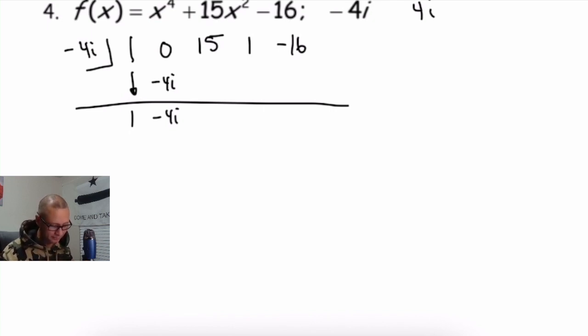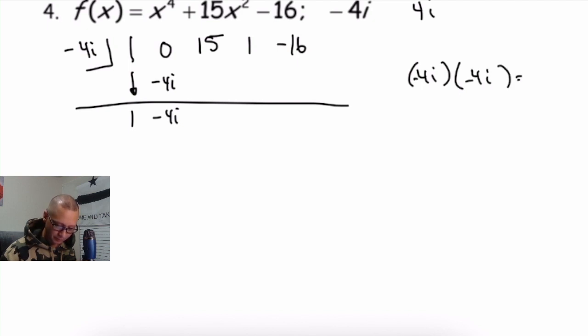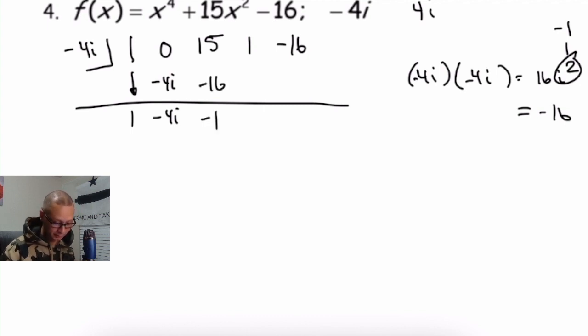So positive 16 i squared, which is basically negative 16, because i squared is really negative 1. So negative 16 plus 15 is negative 1. That's nice. Multiply by negative 4i, we get positive 4i. When we add, we can't combine an imaginary part and a real part. So we're going to get 1 plus 4i.